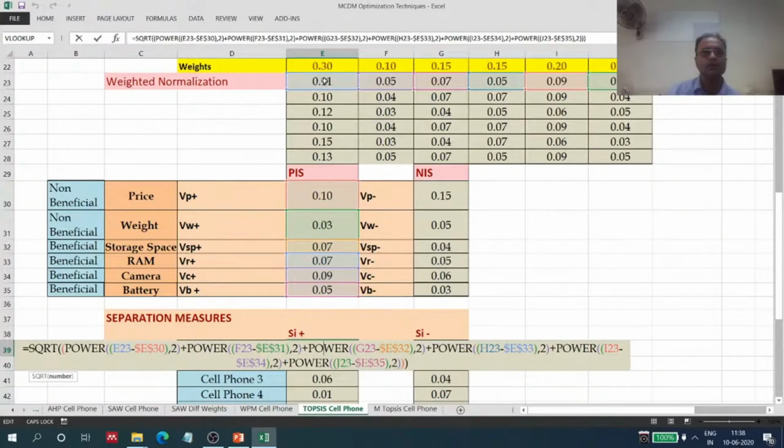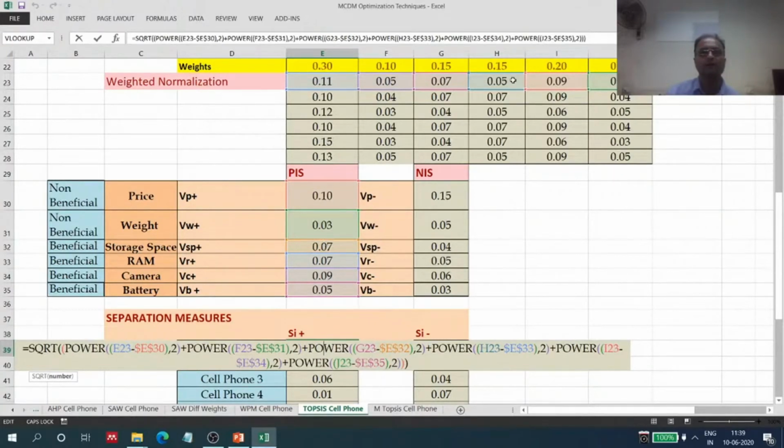Initially we take the normalized value of price minus the positive ideal solution of price, plus the normalized value of the second attribute, that is weight, minus the positive ideal solution of weight, and square of that, plus 0.07 minus, again this is the positive ideal solution, 0.07. Of course there is some difference because here we have taken only up to 2 digits, otherwise it would be 0.